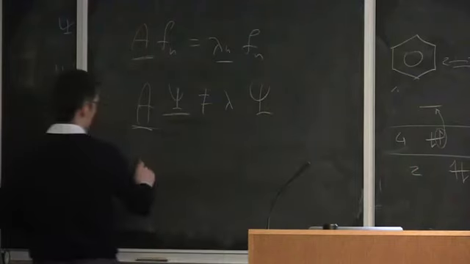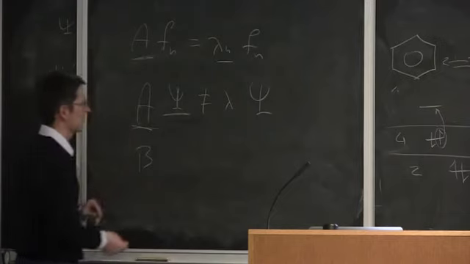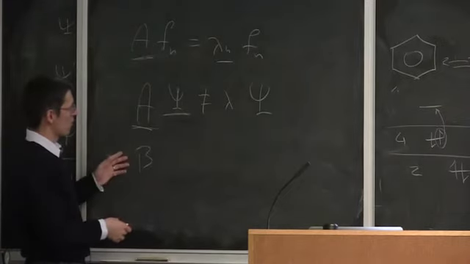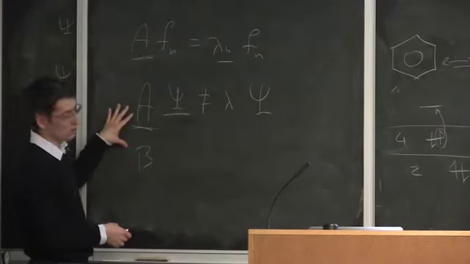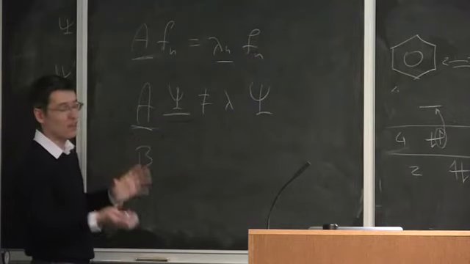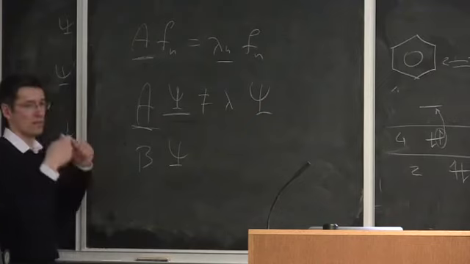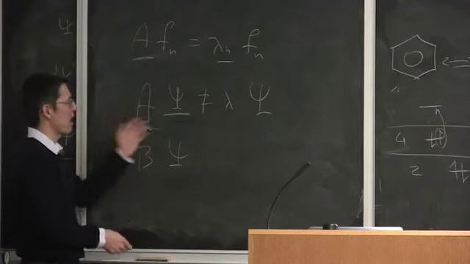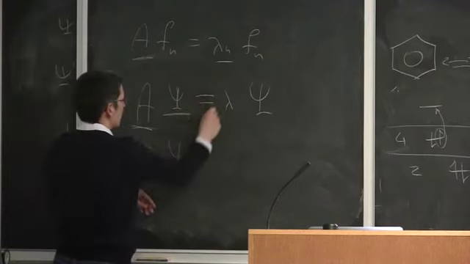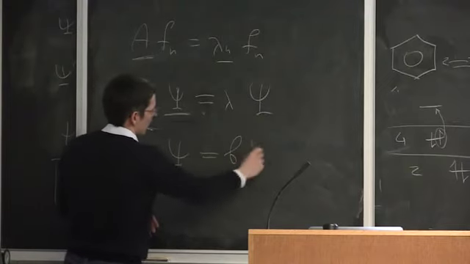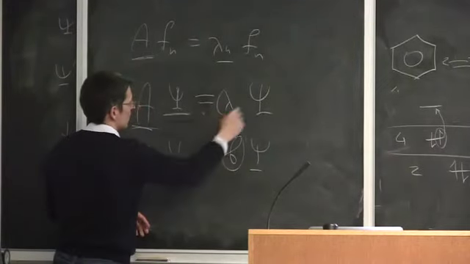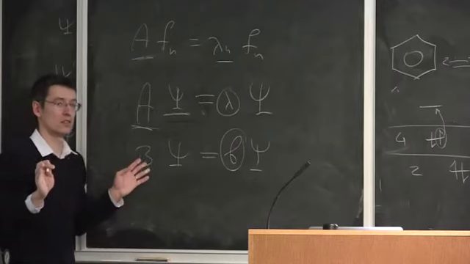If we have A and B, two quantities, and the two operators corresponding to them commute, then it's possible to find a wave function that is an eigenfunction for both of them, though the eigenvalues can be completely different.